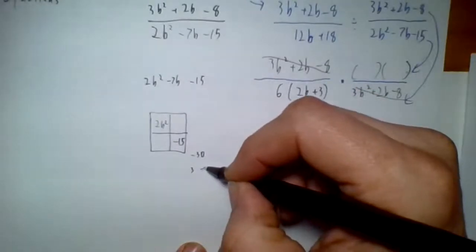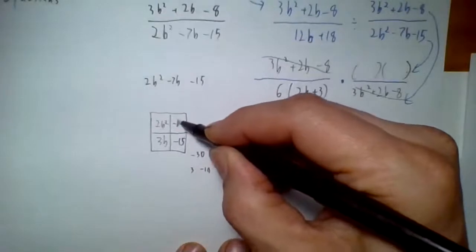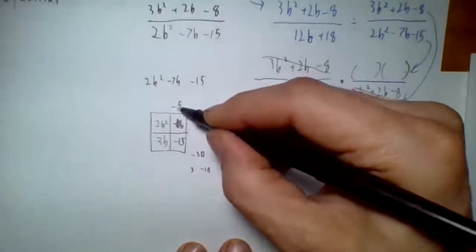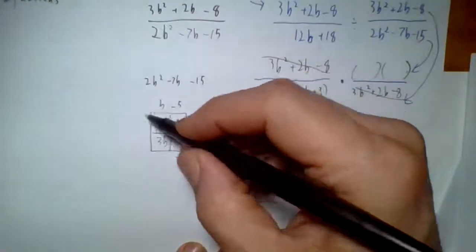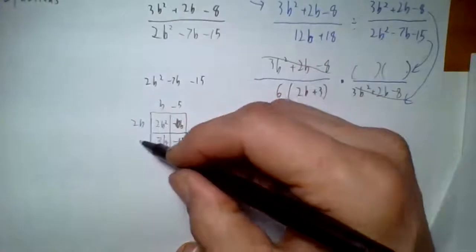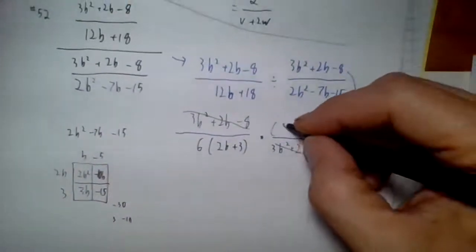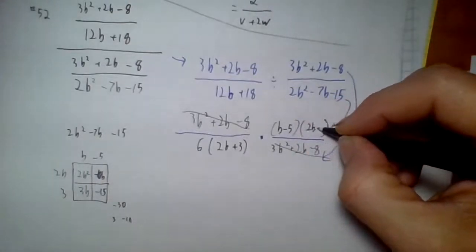So that would be a +3 and a -10. So this would be +3b and -10b. Common factors here are b minus 5. Common factor here is 2b. Common factor here is 3. Those are the factors of this thing. So that tells me this is going to be b minus 5 and 2b plus 3.